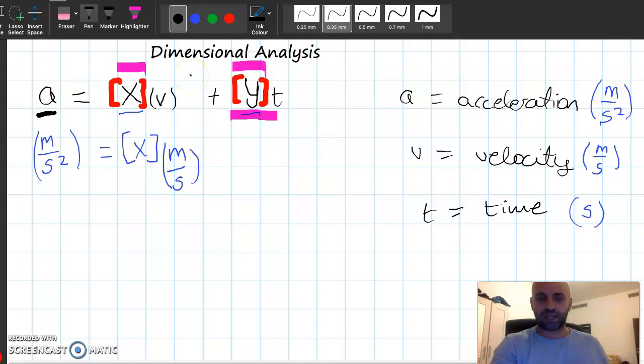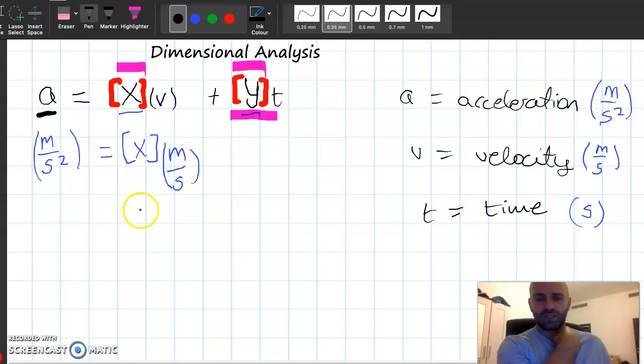You would have to change the unit to something they have in common, like pieces of fruit. In this case, the whole thing together must have the unit of meters per second squared.